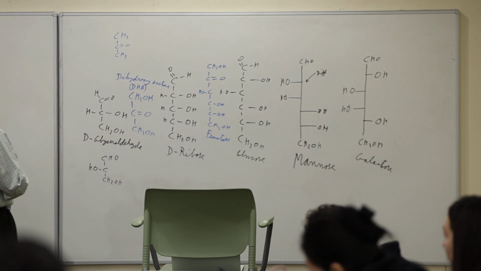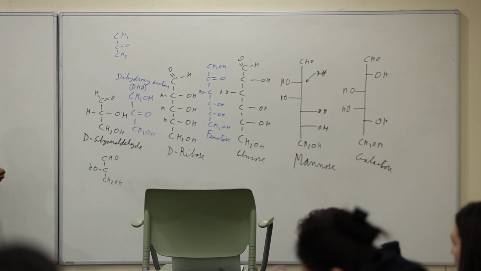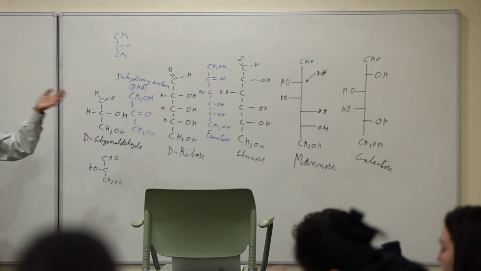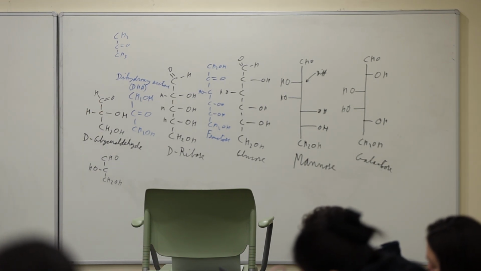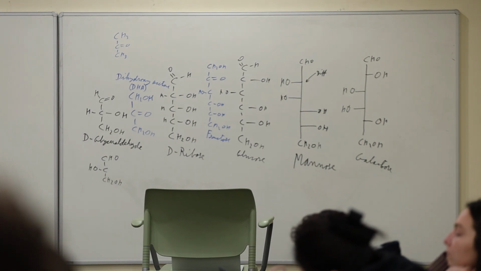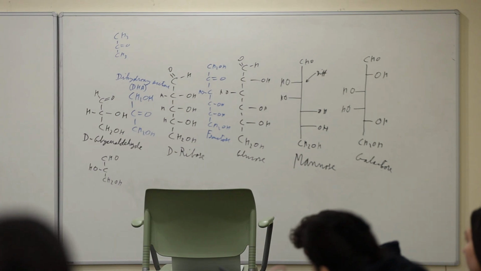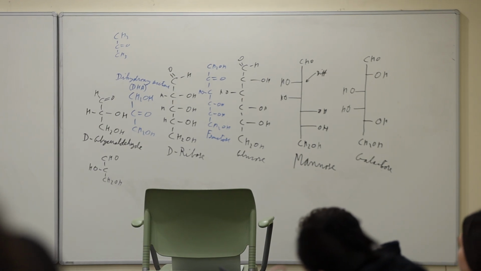So basically these are the sugar structures that you need to know. Of which glyceraldehyde is easy because there is one chiral center, obviously it is on the right. Ribose is easy because all three OHs are on the right. And glucose, the only one you need to remember is right, left, right.